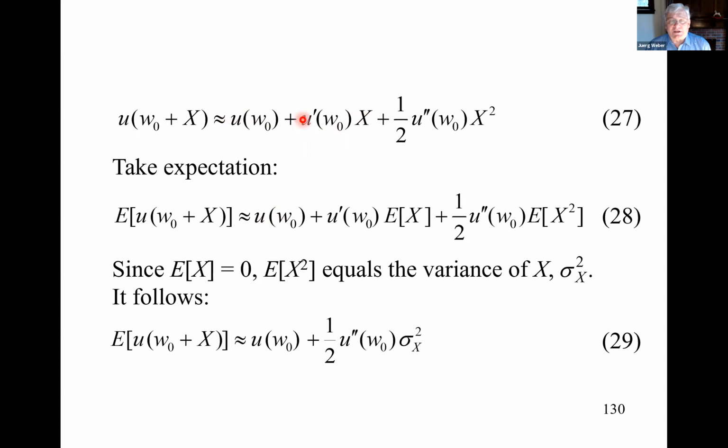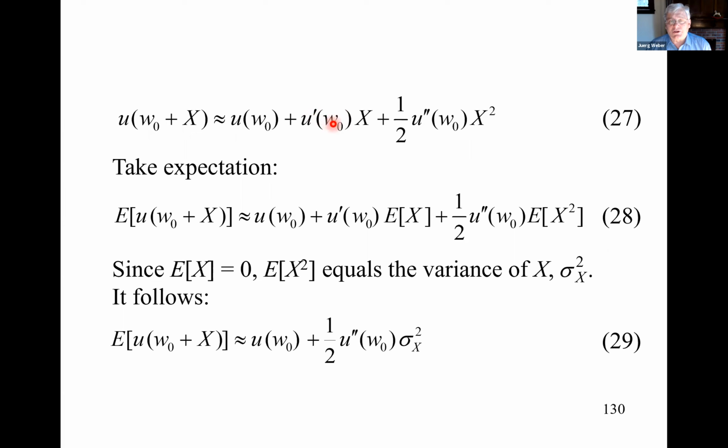In the second term, the expectation goes to the random variable. So you have the expectation of a constant times a random variable. You see, this first order derivative is constant. It's just the rate of change of the utility function at the point of the initial wealth.